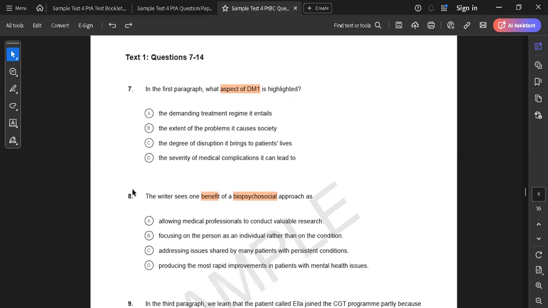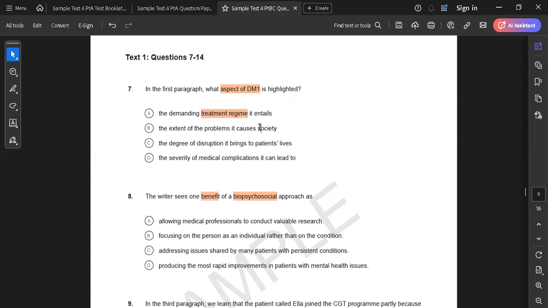Can you read the question for me? In the first paragraph, what aspect of diabetes is highlighted? The options are: the demanding treatment which it entails, the extent of the problems it causes society, the degree of disruption it brings to patients' lives, the severity of medical complications it can lead to.